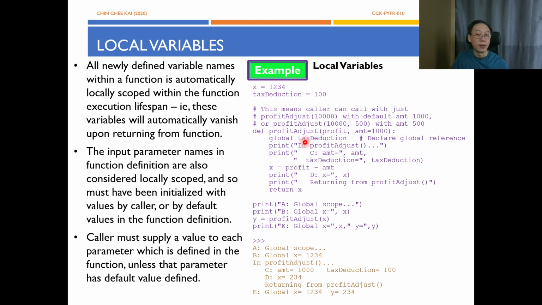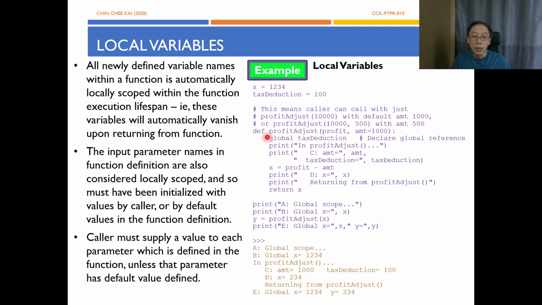You've got to tell Python that inside my function, text deduction is a global reference, not a local reference. And you have to do that upfront. Because the moment you try to access it and then below you write global, that's wrong because it's too late. By merely referencing text deduction, you are already implying that your text deduction is a local variable.